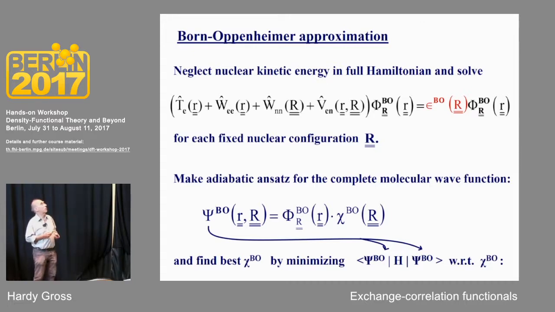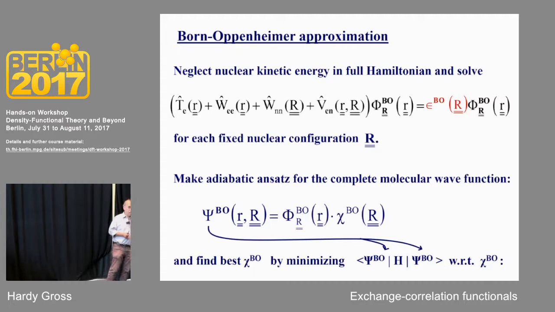And so this many electron problem then has to be solved for each fixed nuclear configuration, capital R. So in this way, the wave functions, those are many body, many electron wave functions at fixed nuclear configuration. One imagines those can be obtained for each given nuclear configuration, and hence the eigenfunctions here and the eigenvalues become functions of the nuclear coordinates. So that's what we do for the electrons.